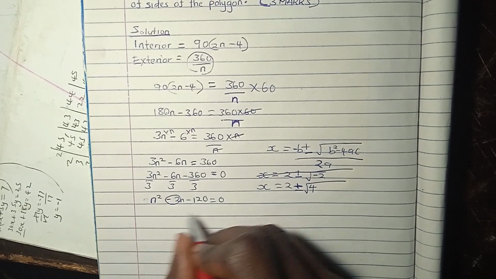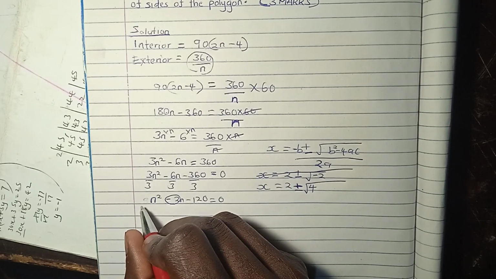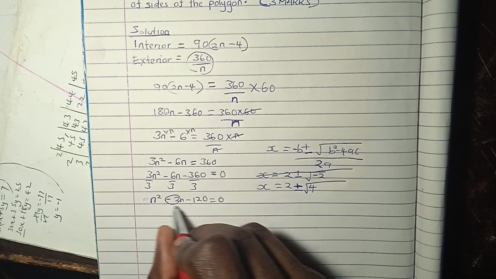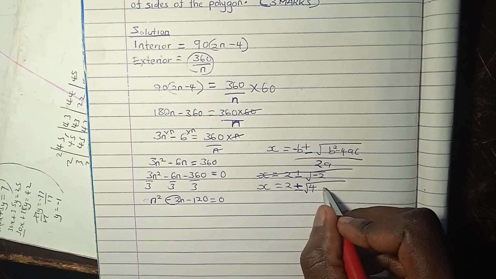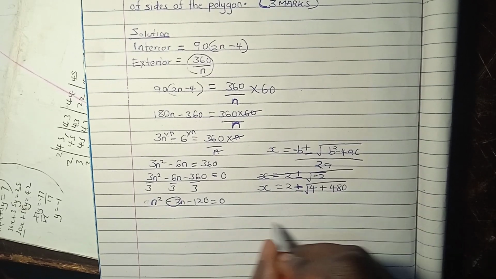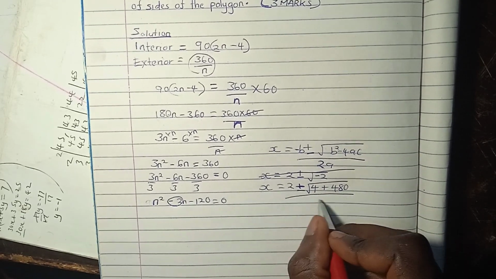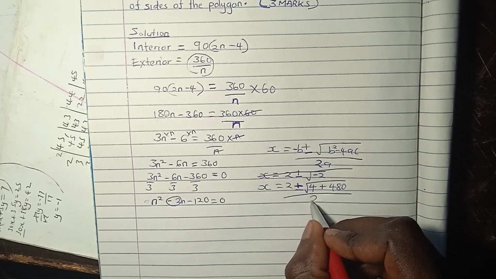Multiply these, -120 times 4 is negative 480. Negative of -480 is a positive 480, all over 2a. 2 times a is 1, so it remains 2.